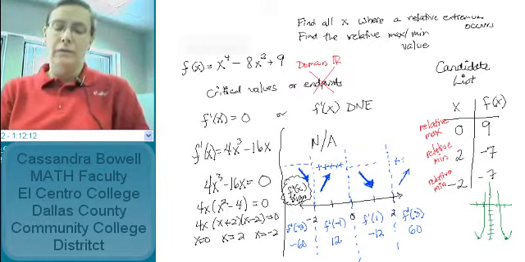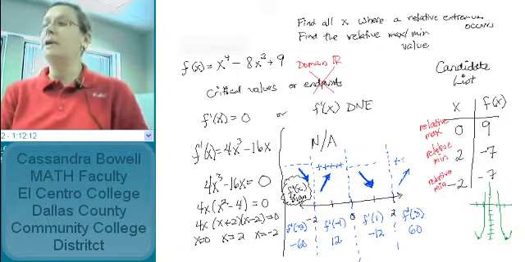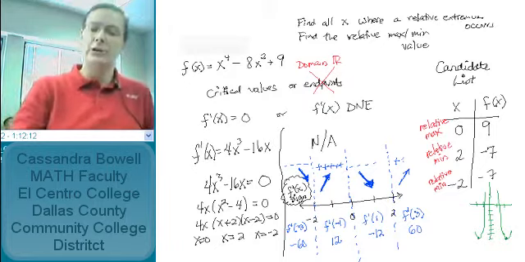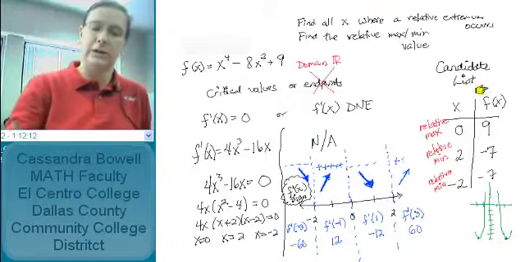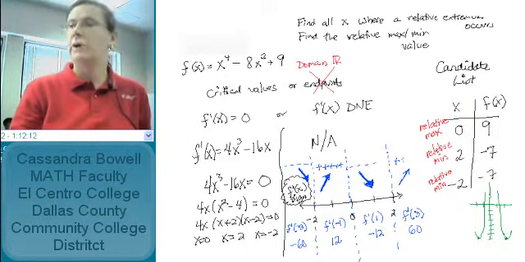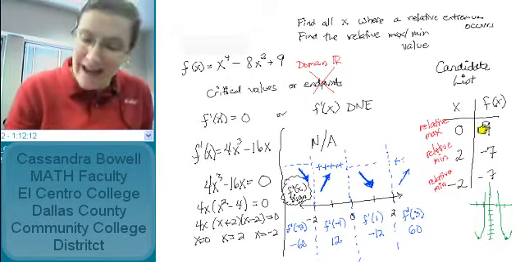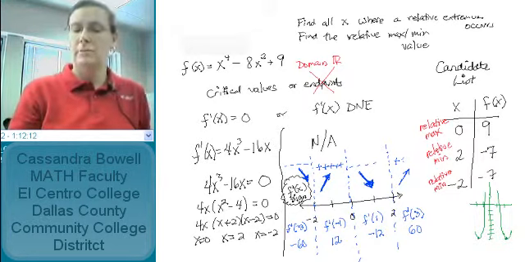And here a relative minimum occurs at 2, and the minimum value is negative 7. So that's how to understand that information here. For candidate lists, now we put them down and we find out that, aha, sure enough, this is my maximum value. These are my minimum values.